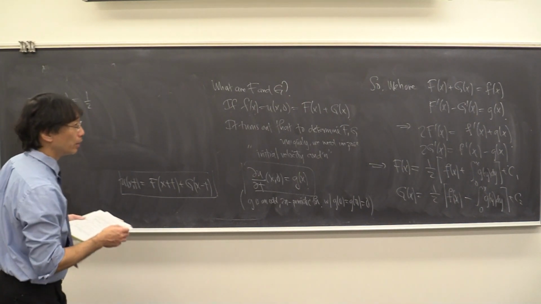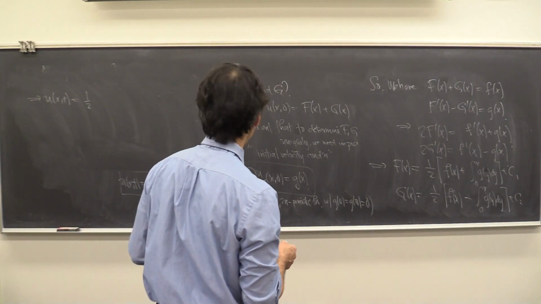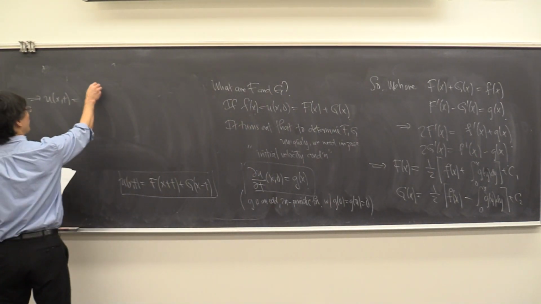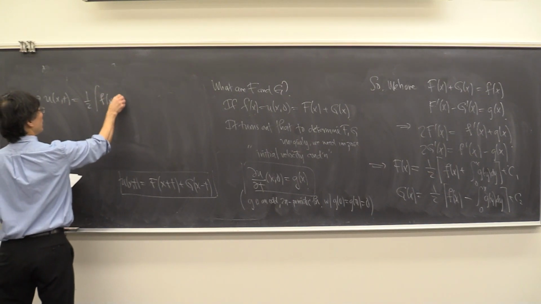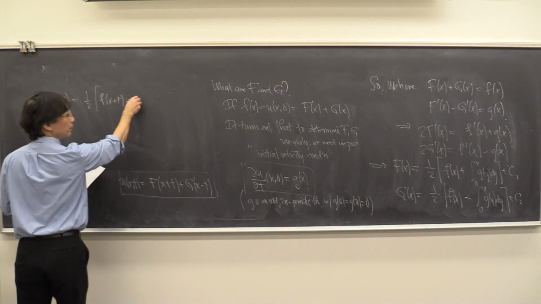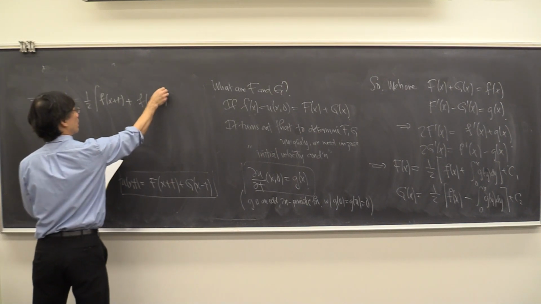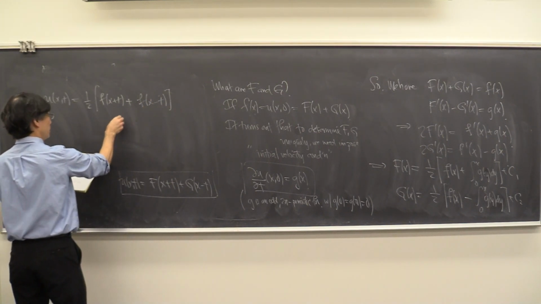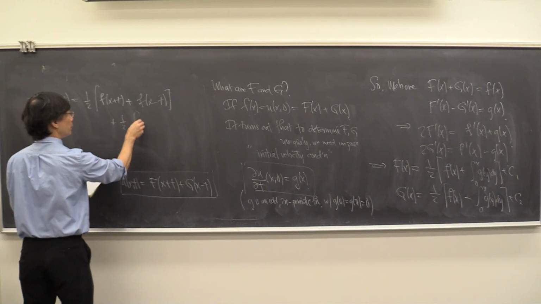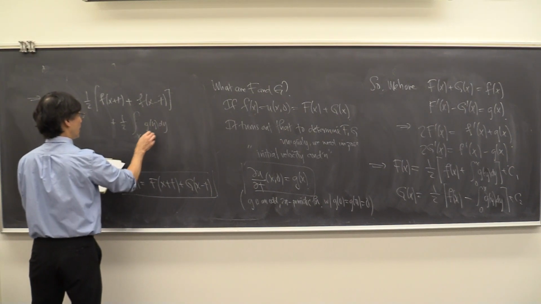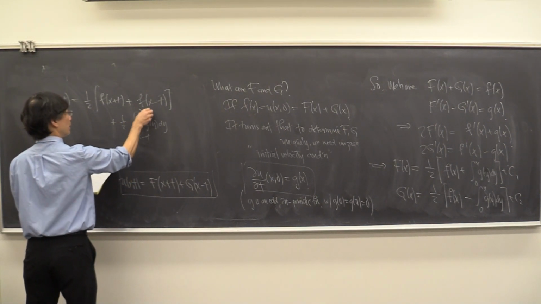So you get x plus t and x minus t, excuse me. So you get 1/2 f of x plus t plus little f of x minus t plus 1/2 the integral of little g from x minus t to x plus t.